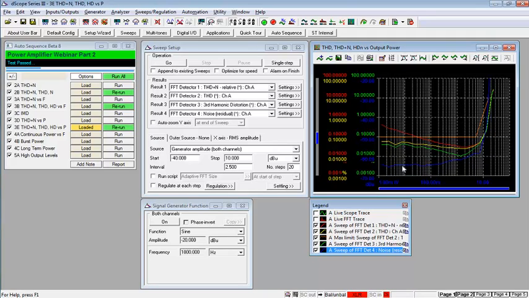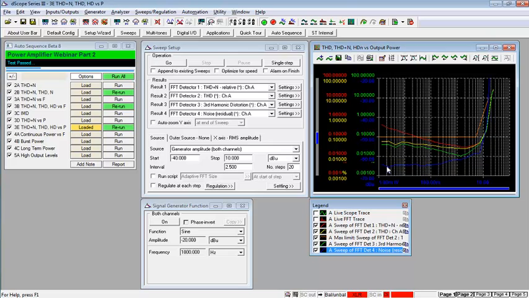The noise in absolute terms is flat, but because we're getting down to low amplitudes, the noise is starting to dominate the THD plus N result, and as a proportion of the total signal energy, the THD plus N is rising because the signal amplitude is dropping at the same time as the noise is staying constant in absolute terms.